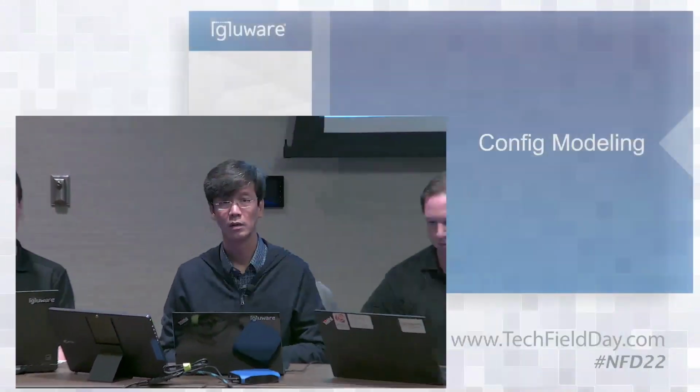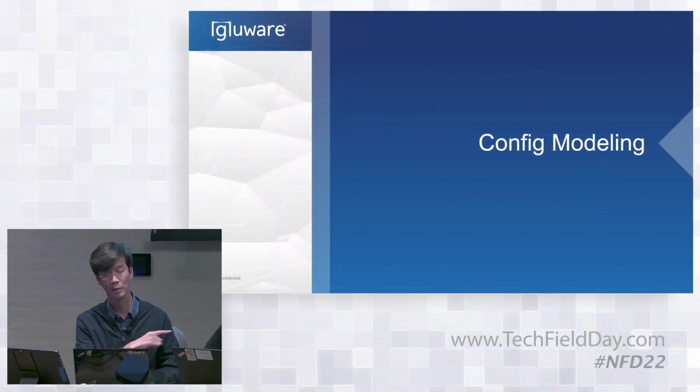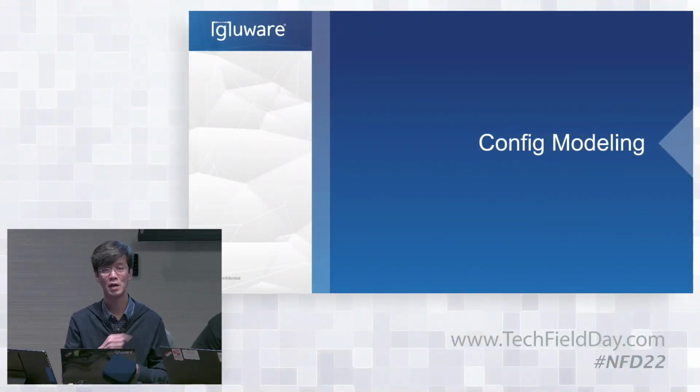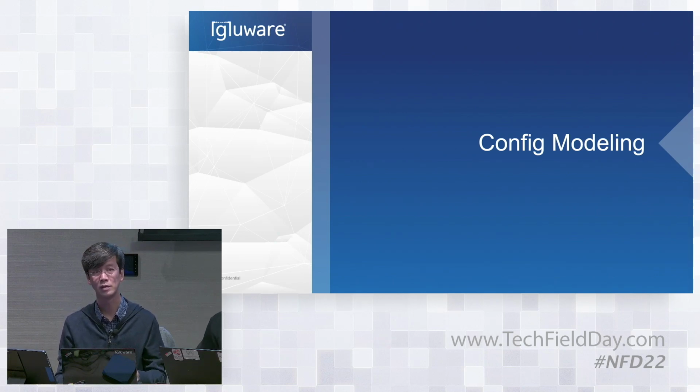So I'm going to talk about config modeling. What is the purpose of config modeling? Mike talked about onboarding, brownfield. So what are networking engineers doing best? This is what they're trained for. Mike is on the rogue side, he's a CCIE, and this is what he's done, building all that expertise, learning your protocols, learning your CLI.